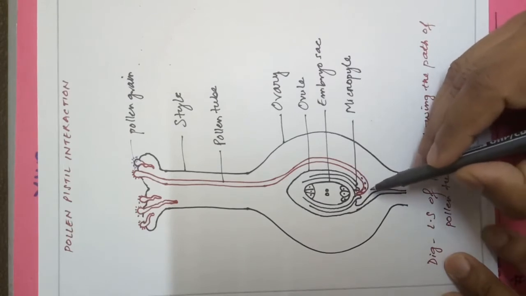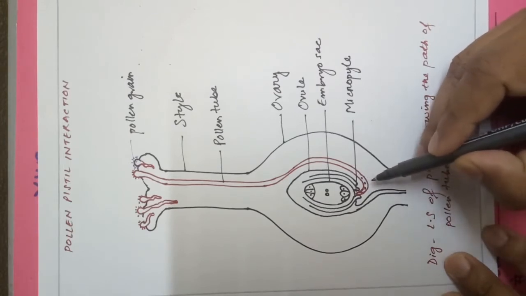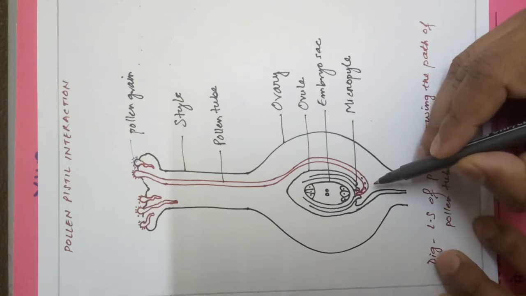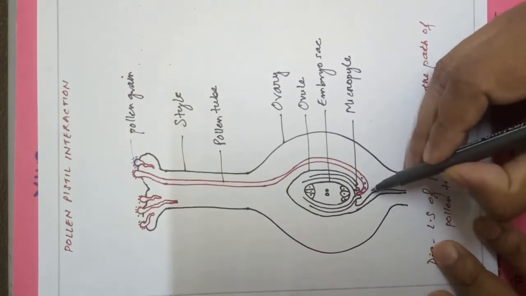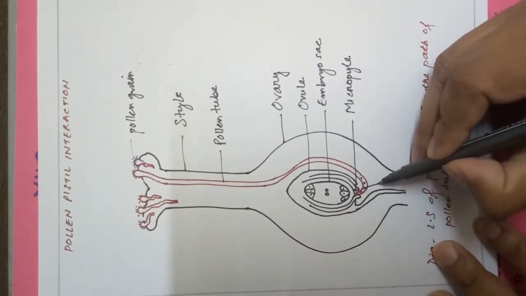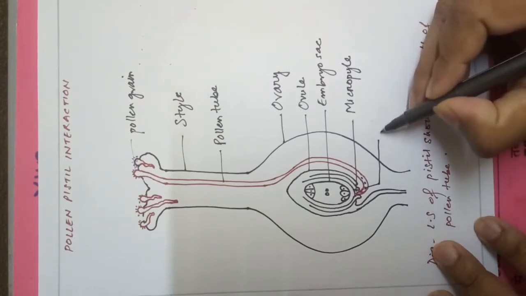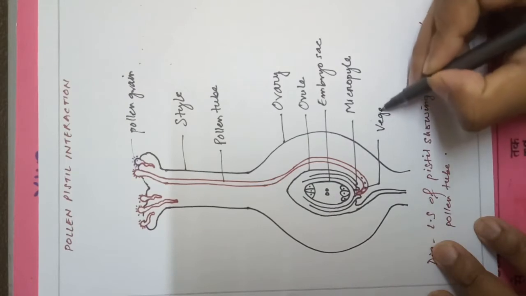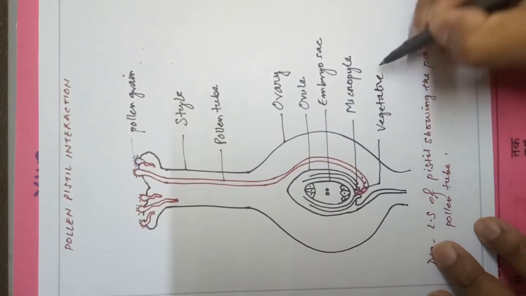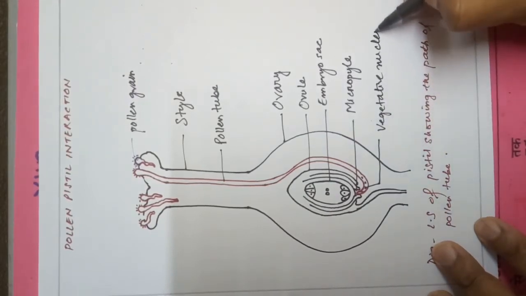Now here I have drawn 3 dots. Can you find, students? 3 dots. What is this 3? The one which is leading is nothing but the nucleus of the vegetative cell. So this is the vegetative nucleus.